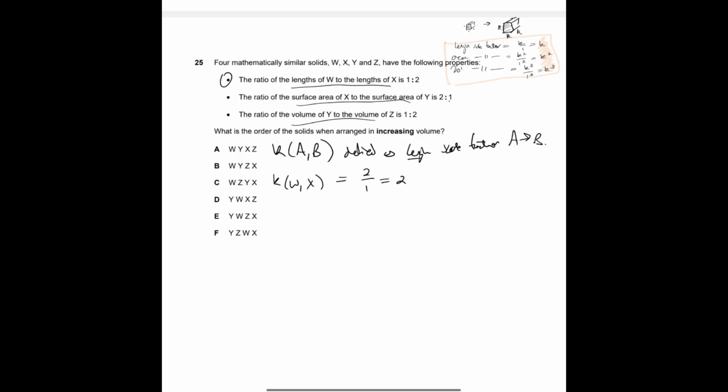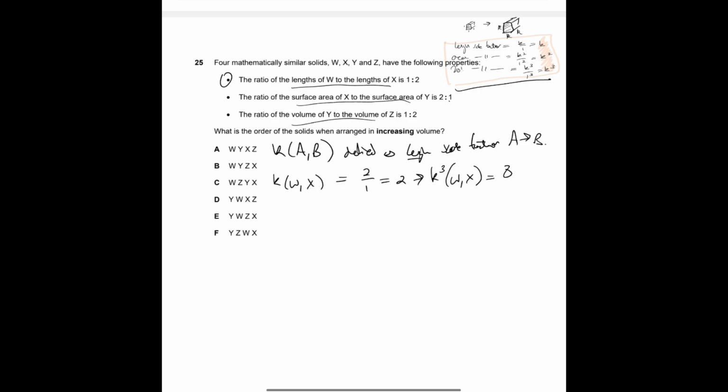And then the volume scale factor for W and X is going to be k cubed, using this idea over here. It's going to be 8.